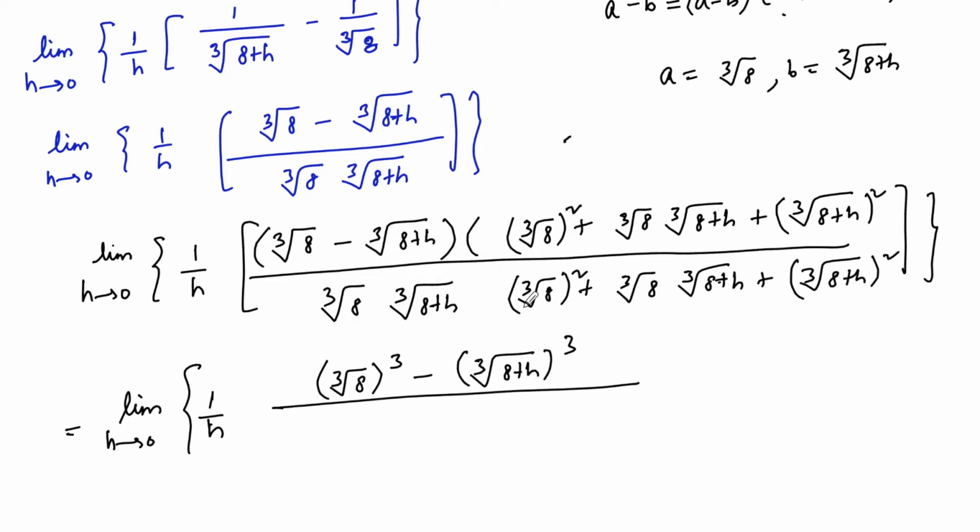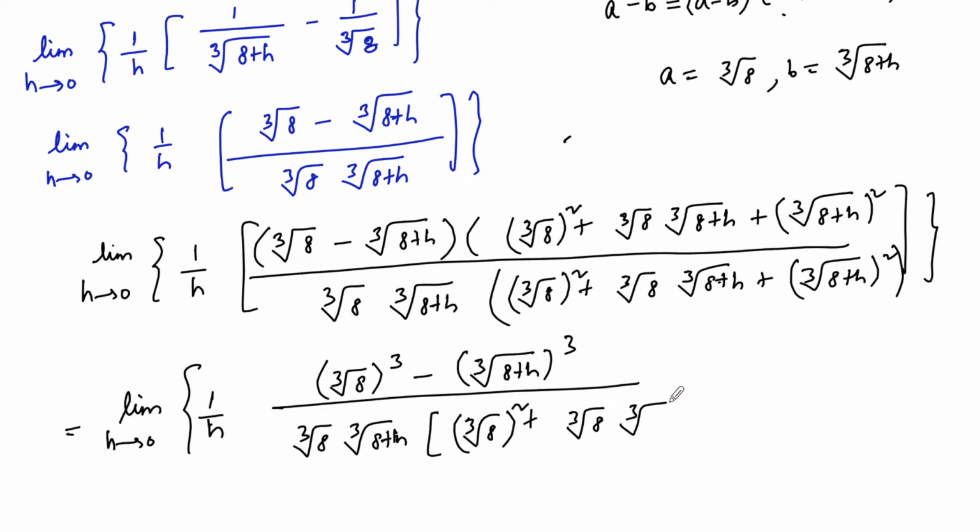In the denominator, let us write the same: cube root of 8 into cube root of 8 plus h into cube root of 8 whole square plus cube root of 8 into cube root of 8 plus h plus cube root of 8 plus h whole square.